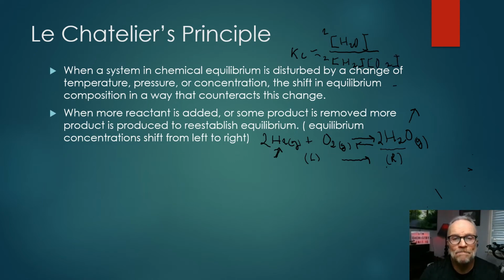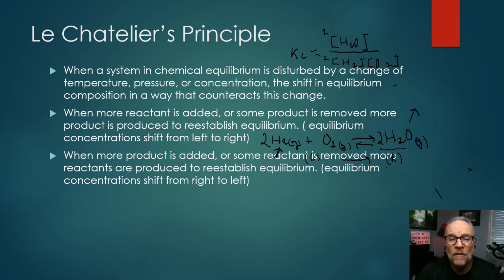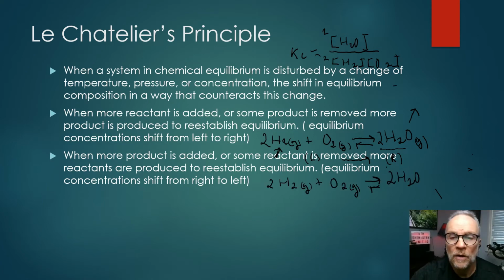All right. So if more product is added or some reactant is removed, more reactants are produced to reestablish the equilibrium, and the equilibrium shifts from right to left. So if the other is true in our example here, if we remove the hydrogen, then the reaction is going to shift this way to make more hydrogen to reestablish the equilibrium.